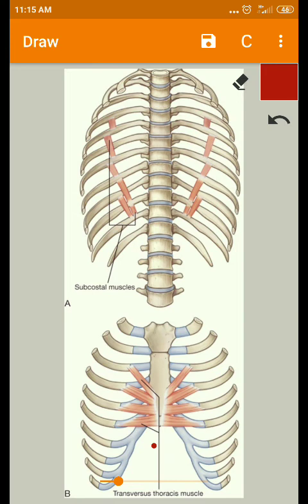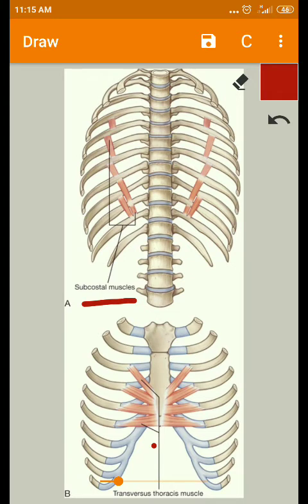Dear students, welcome back. Now we are going to see the next transverse thoracic muscle, that is the subcostal muscle. Here you can see in this picture the anterior aspect of the posterior side of the rib cage, that is, the inner surface of the posterior part of the thoracic cage.